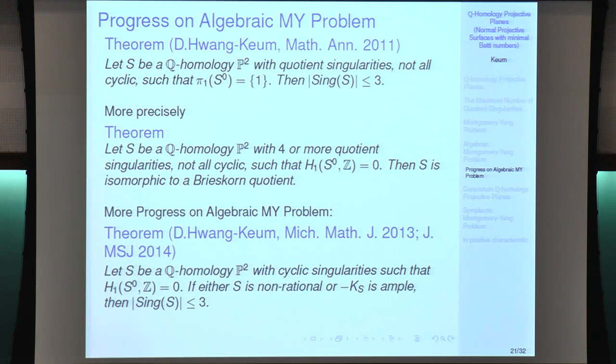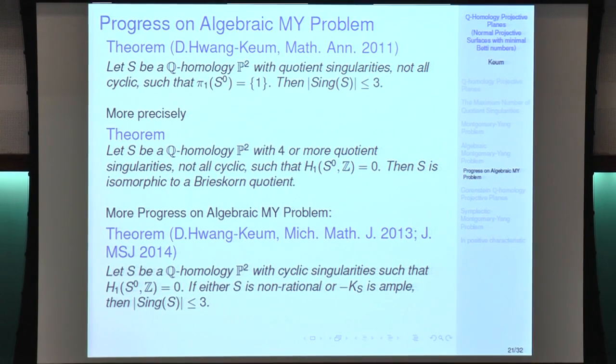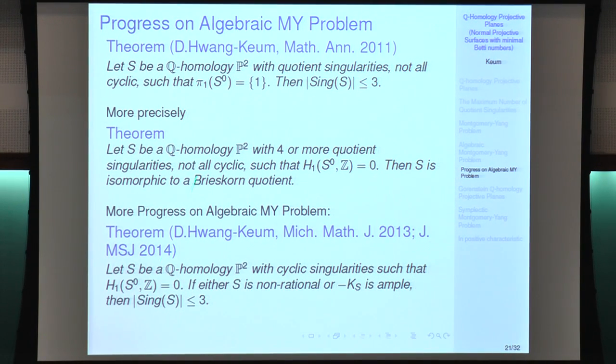The non-rational case is treated in the first paper, and negative K_S ample is treated in the second paper. So under this weakened condition H1, it's still true.